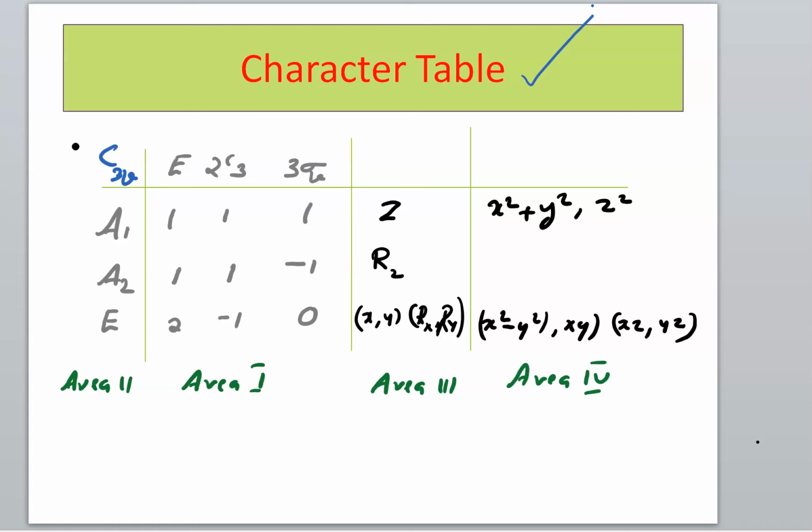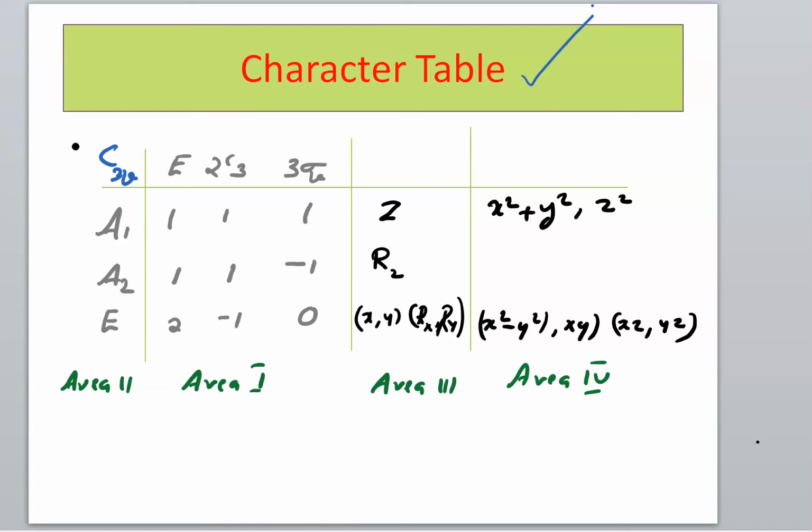That is, we can know about the wave function of the molecule, its hybridized orbital, molecular orbital, and we can predict the spectroscopic transitions using the character table.